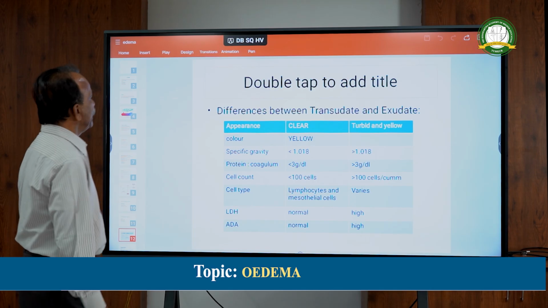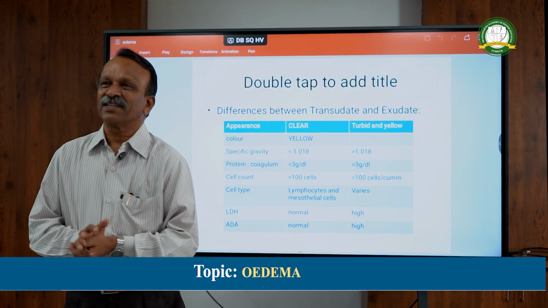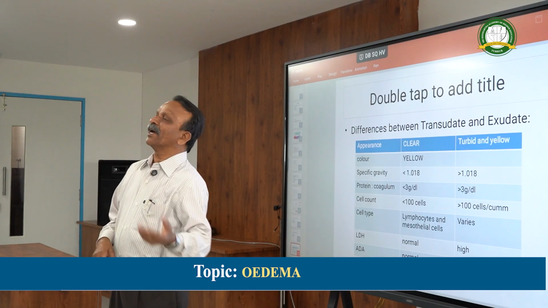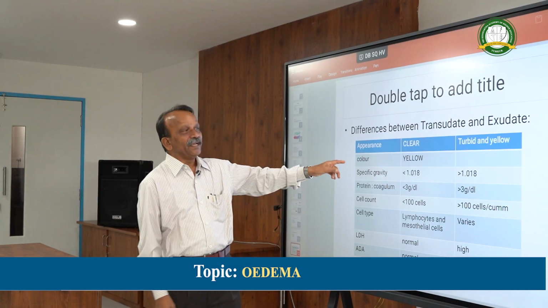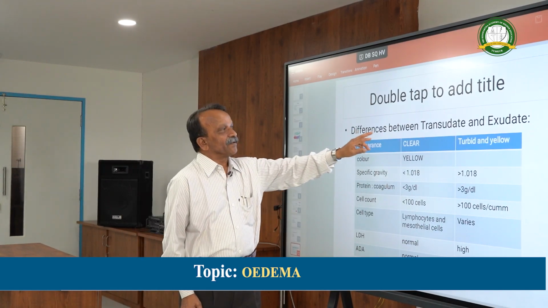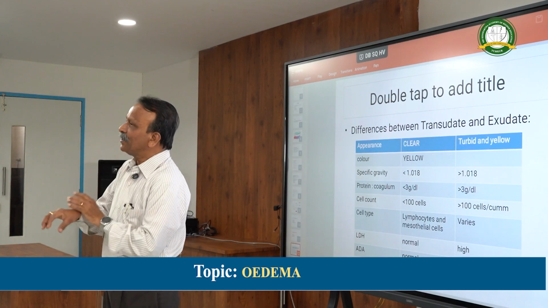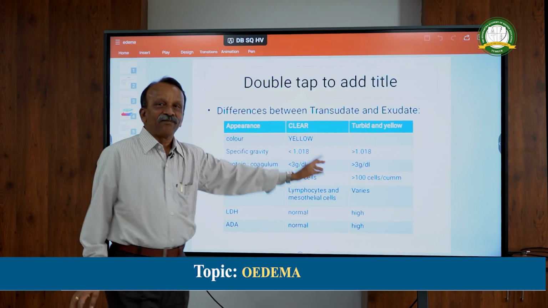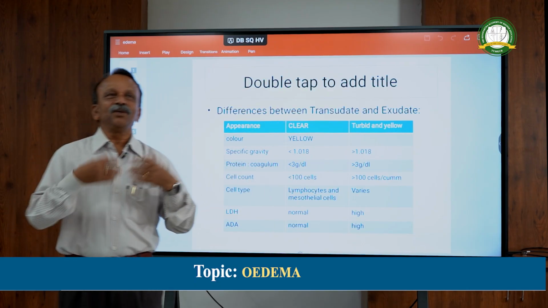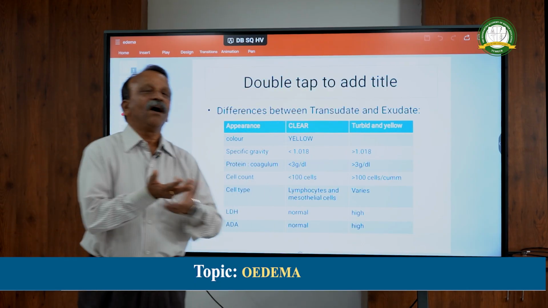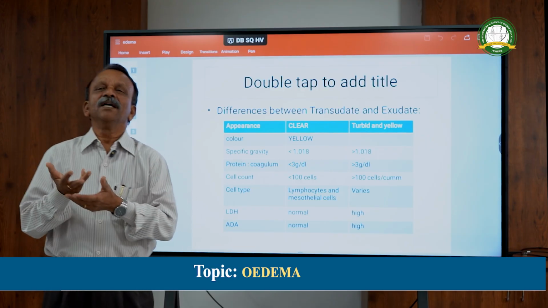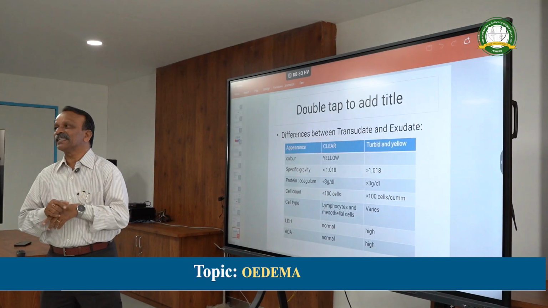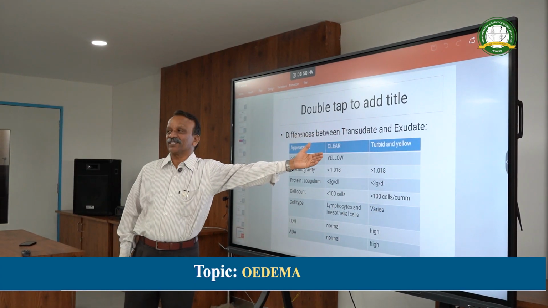Then now we have to differentiate whether this edema is of inflammatory type or a non-inflammatory type. Usually if it is due to inflammation, then that is called exudate. If the fluid, edema, is due to a passive process like heart failure, congestive heart failure, or renal edema, or cirrhosis of the liver, in these cases the fluid we call a transudate.